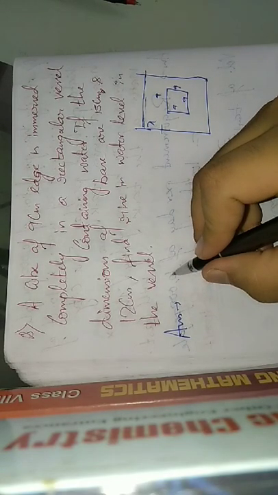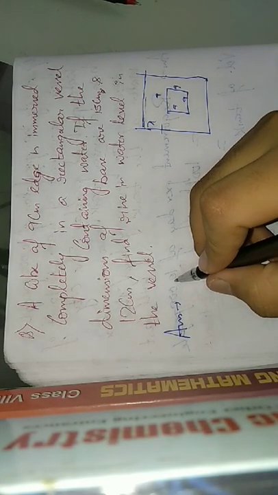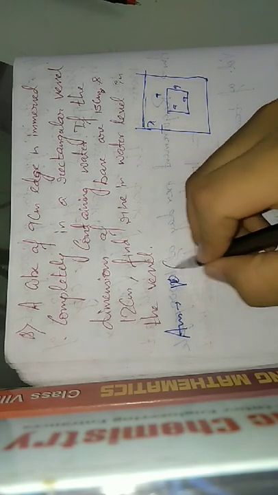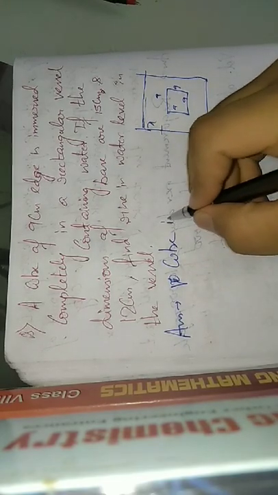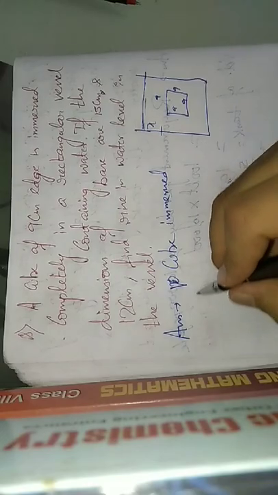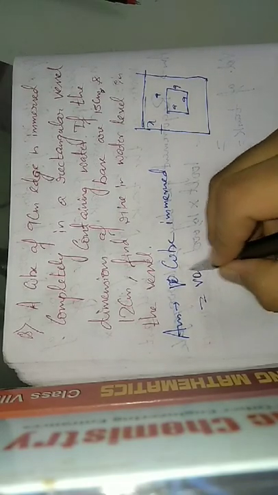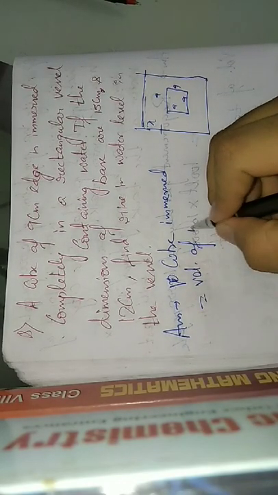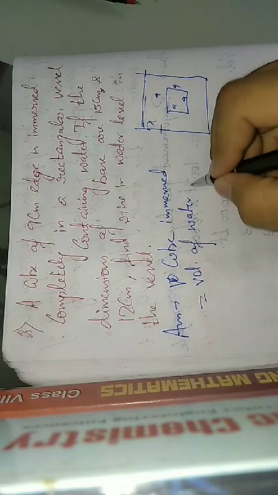using Archimedes principle, it is said that the volume of the cube immersed is equal to the volume of water displaced.